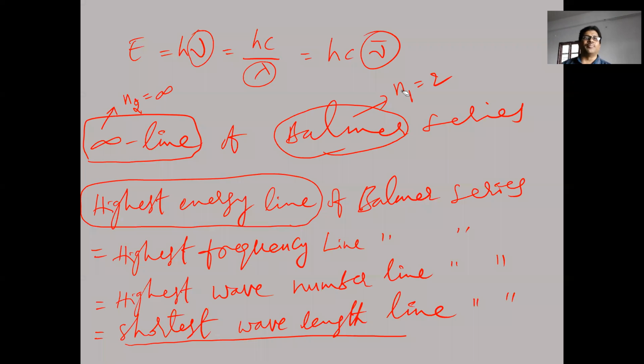The electron has undergone transition from infinity orbit to second orbit. So this area we should not confuse. After getting the idea of N1 and N2 values, we can calculate the wavelength or nu bar. Nu bar is called the wave number.